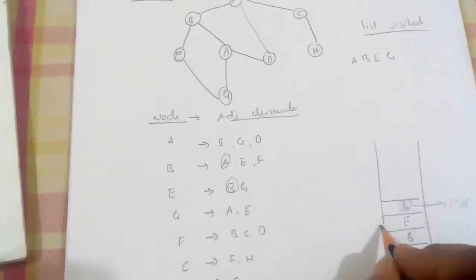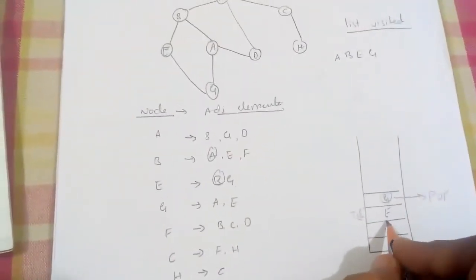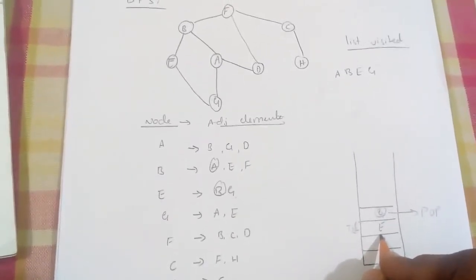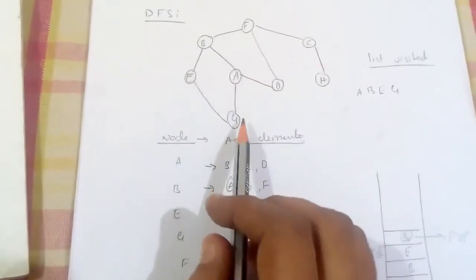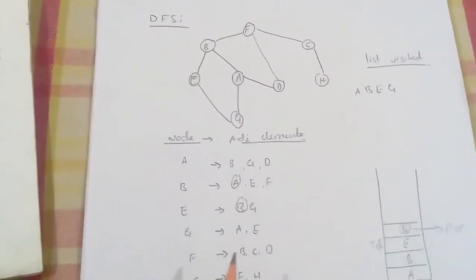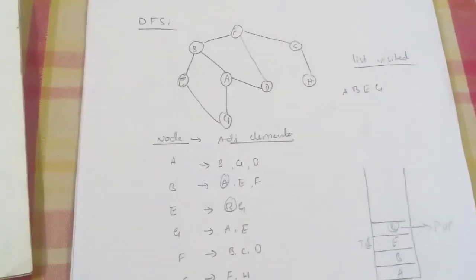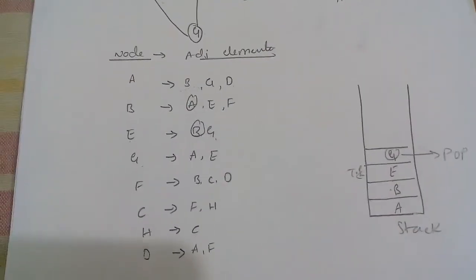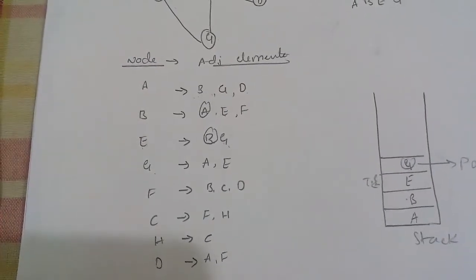Now the top of the stack is E, which has the adjacency elements B and G. The adjacent nodes of E are visited.